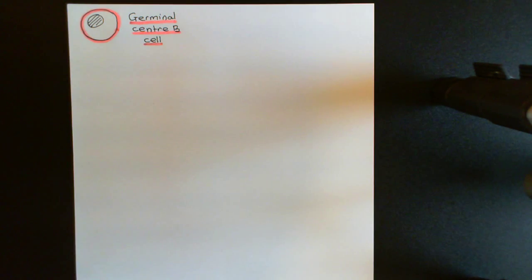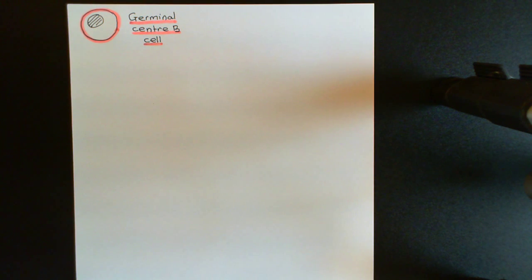Now, what happens is the germinal center B cells can eventually decide that they're going to start differentiating into either an effector B cell or a memory B cell, and it's not really understood when one of these germinal center B cells actually decides that it's gone through enough rounds of affinity maturation and it's ready to actually differentiate into either an effector B cell or a memory B cell.